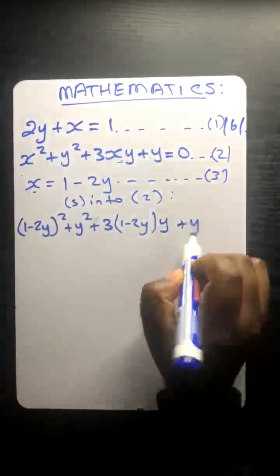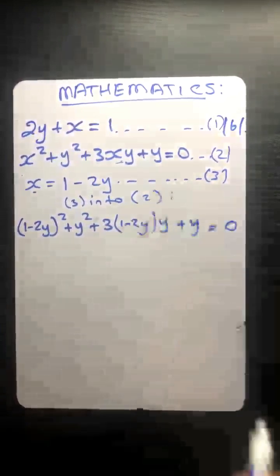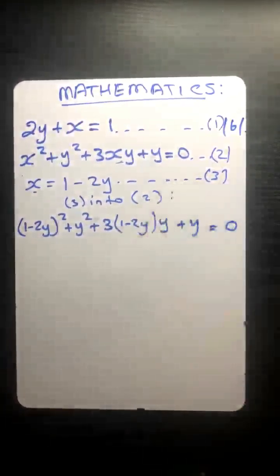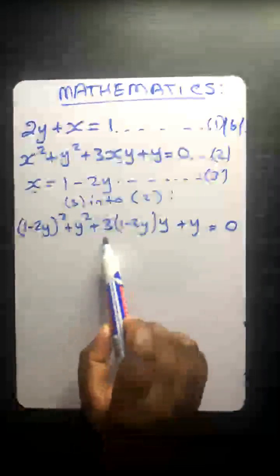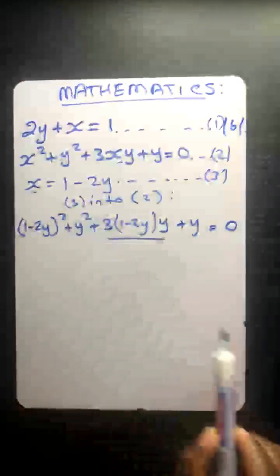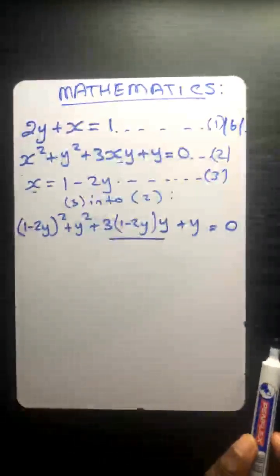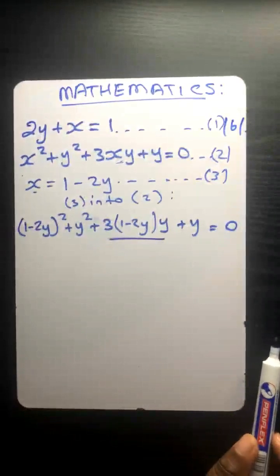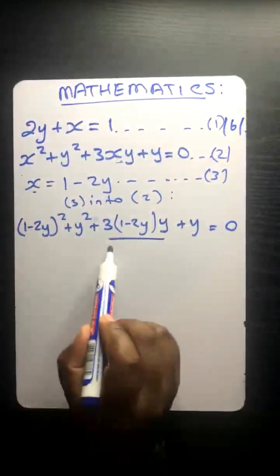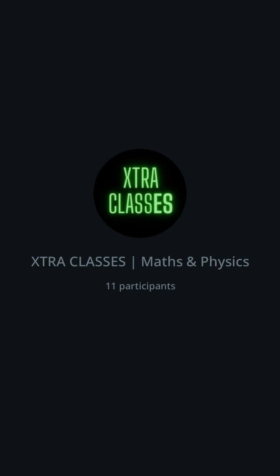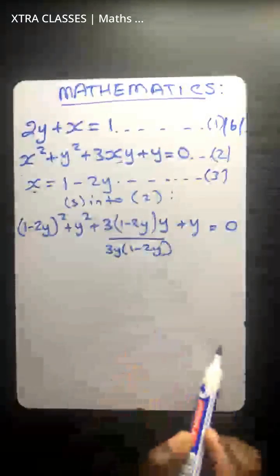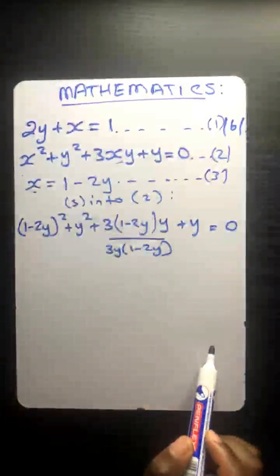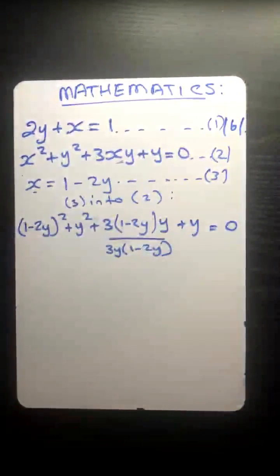Remember to add that y there, equals 0. This is where I want to explain, honorable members: try not to confuse yourself and write it as 3y into (1 minus 2y). I think it's easier when it's written in that way.